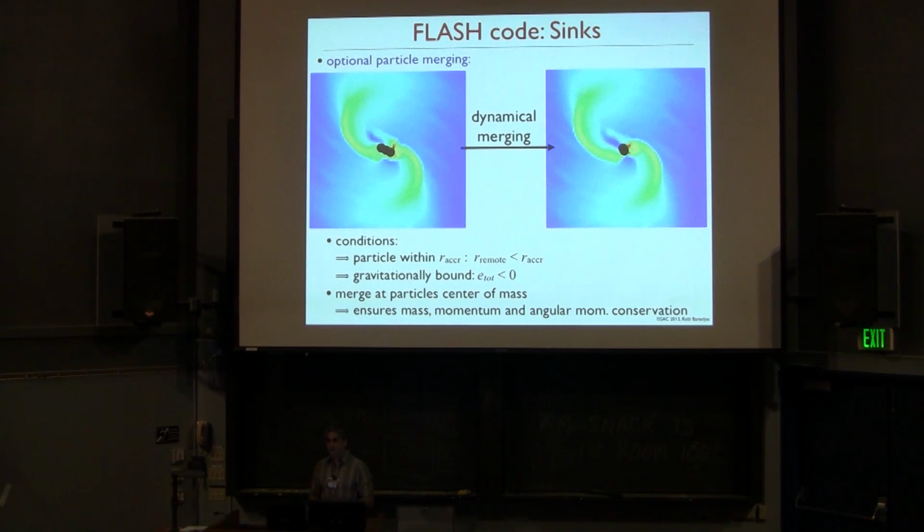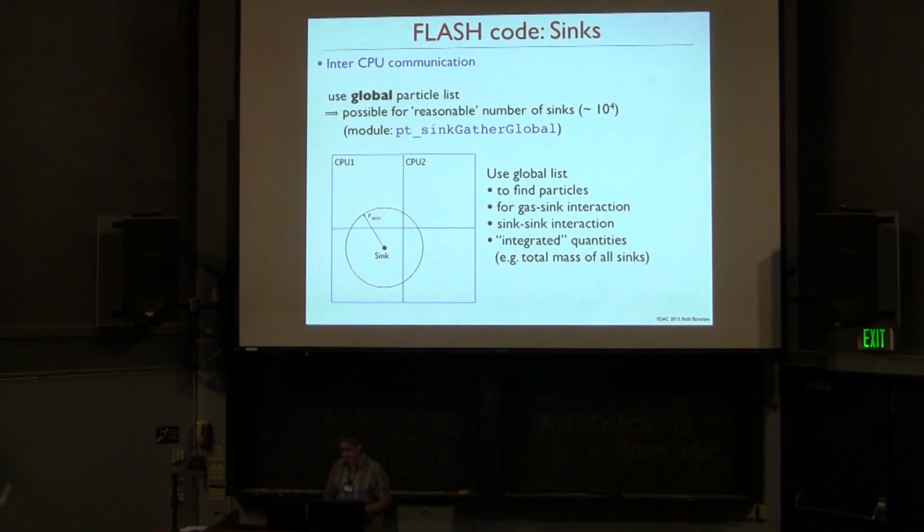And there's an option you can switch on, so that if these particles come close to each other, if the accretion radius starts to overlap and they're gravitationally bound and so on, you can merge them if you like. You do have this option because it's not always clear what these sink particles represent.